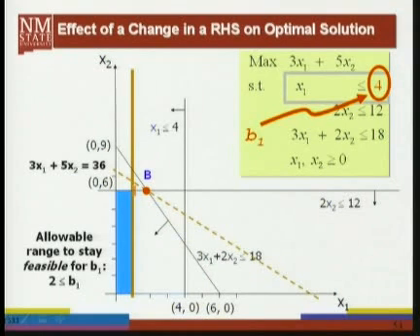Do we have the same optimal solution? No. In this case, for B1 less than 2, the plant number 2 and plant number 3 constraints are binding at an infeasible point. Is that right? So in this case, the current optimal point is no longer feasible. Okay?